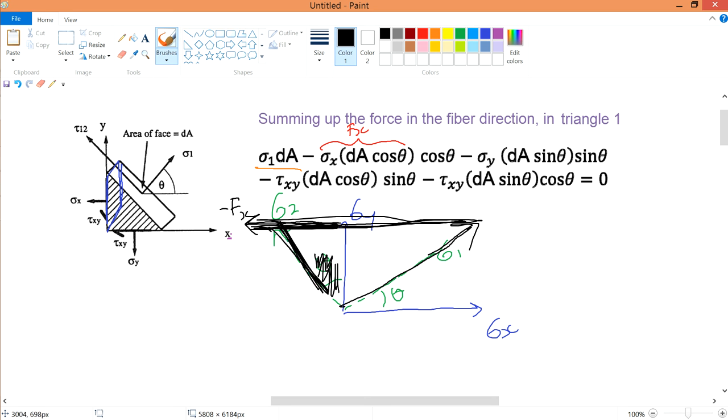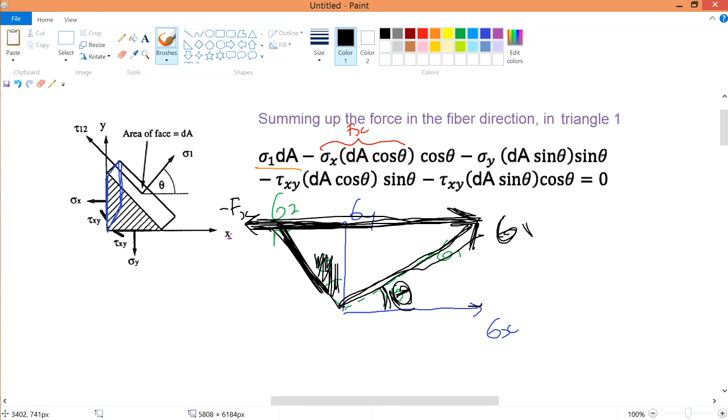You see, your force has become the hypotenuse of your sigma 1, and this is your theta angle.